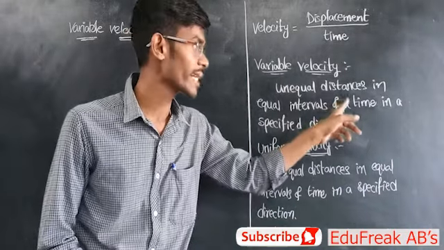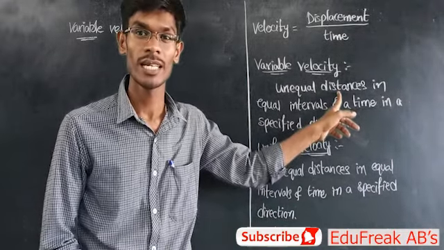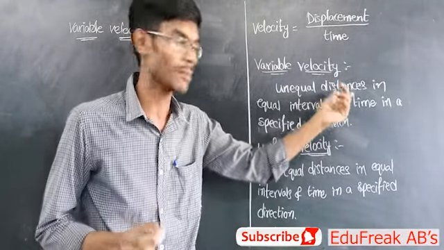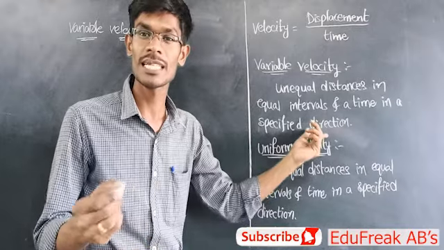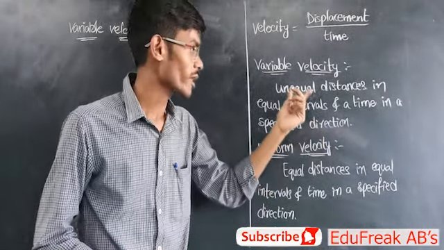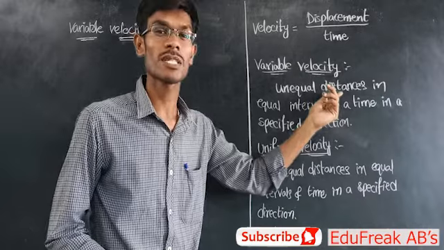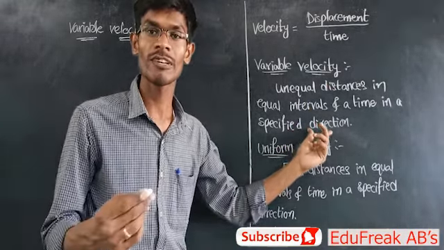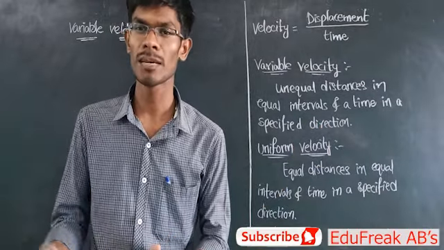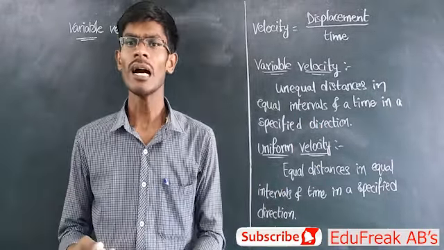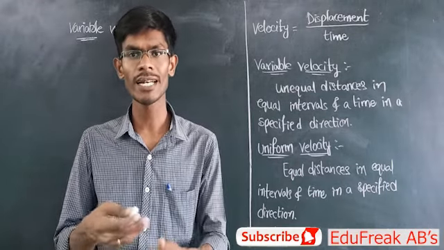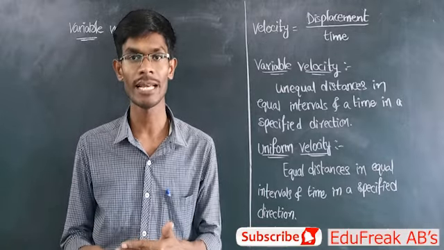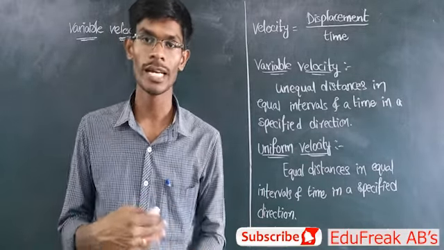If we represent in terms of distance, we should write in a specified direction, but if we represent in terms of displacement, there is no need to represent the direction. So if an object is covering unequal displacements in equal intervals of time or equal displacements in unequal intervals of time, we will call it variable velocity.